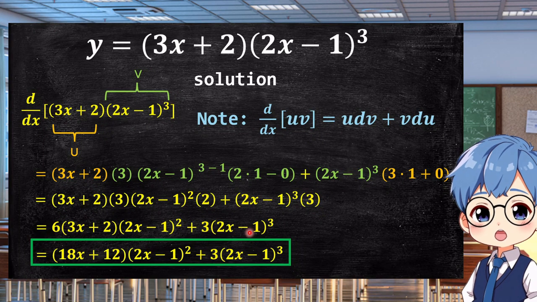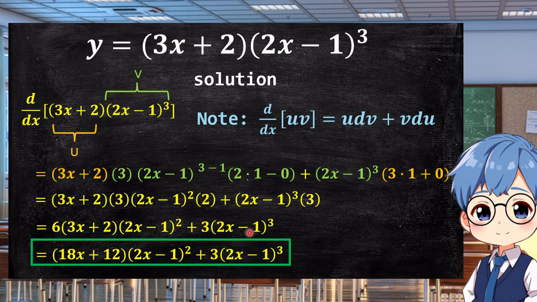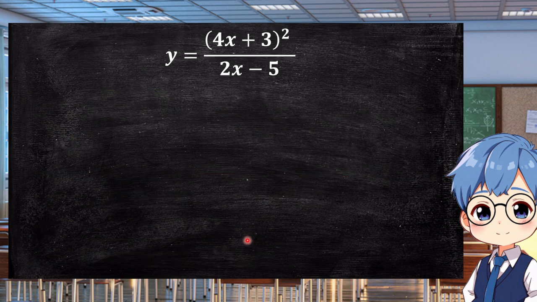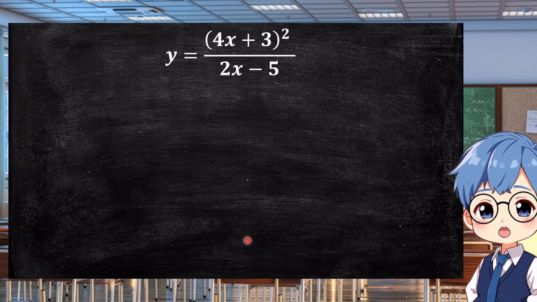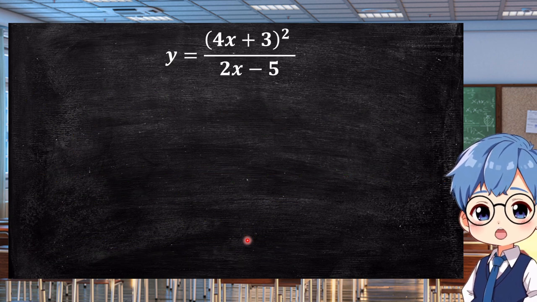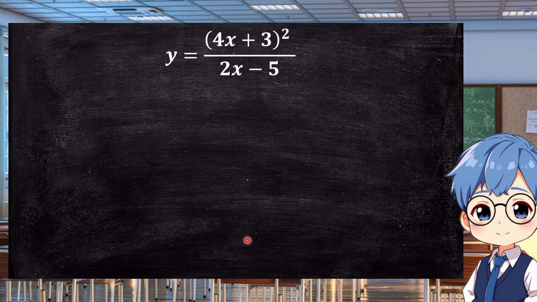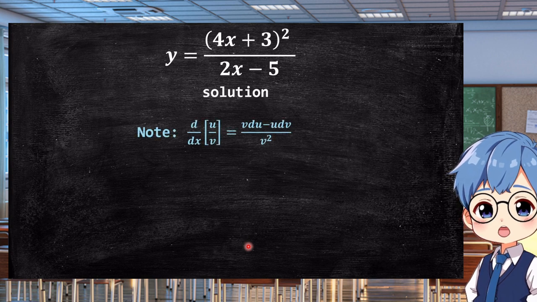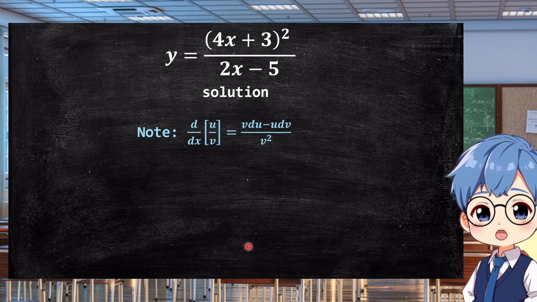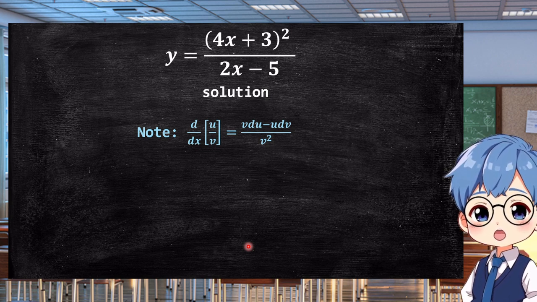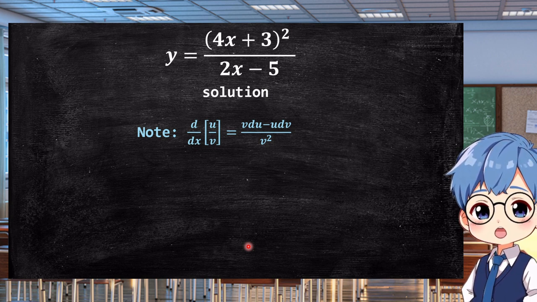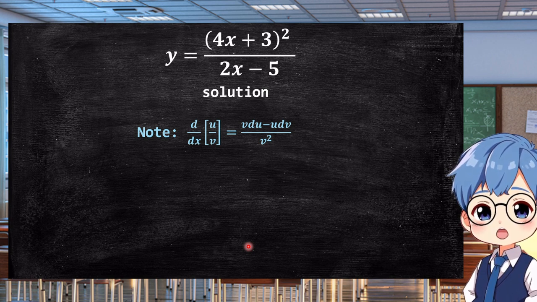Let's go to the next example. For the next example, we have y equals the quantity of 4x plus 3 squared all over 2x minus 5. Solution. In this scenario, we need to take note that we have a rational function. So for rational functions, we will use quotient rule.